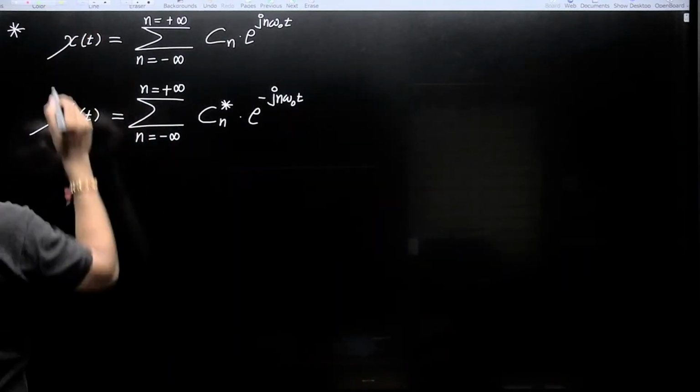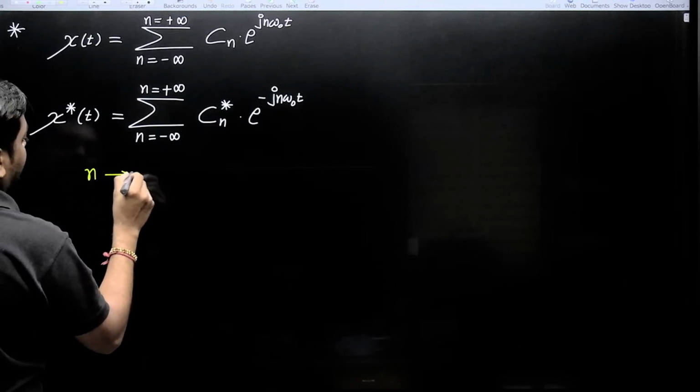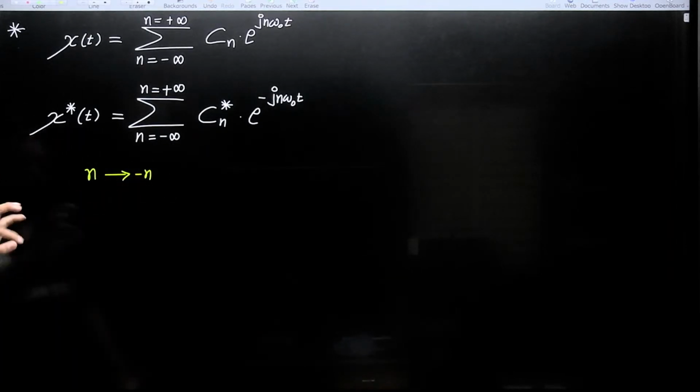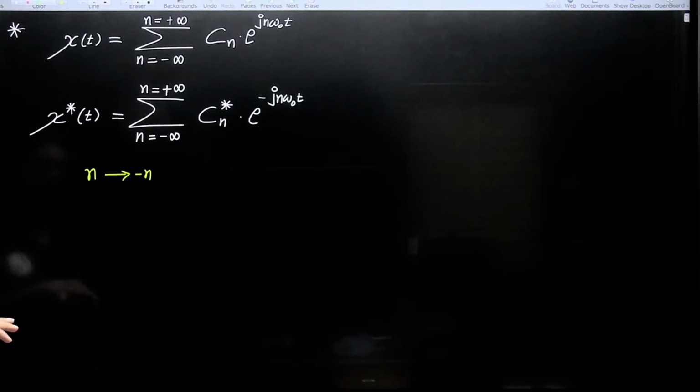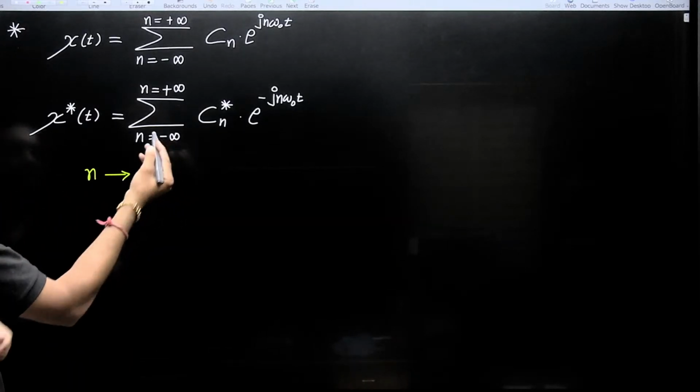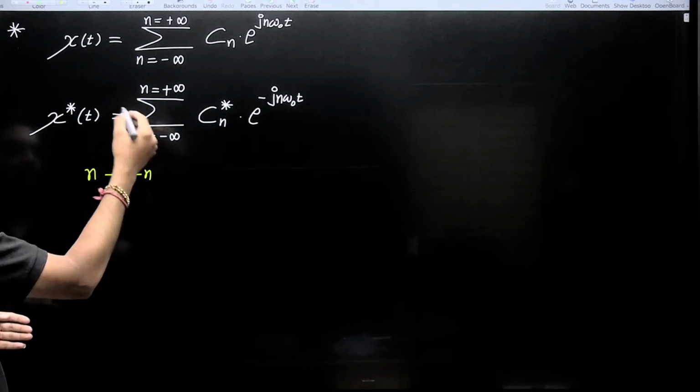Replace n with minus n on both sides. Then is there any change in the limit? Yes, it will be plus infinity to minus infinity.